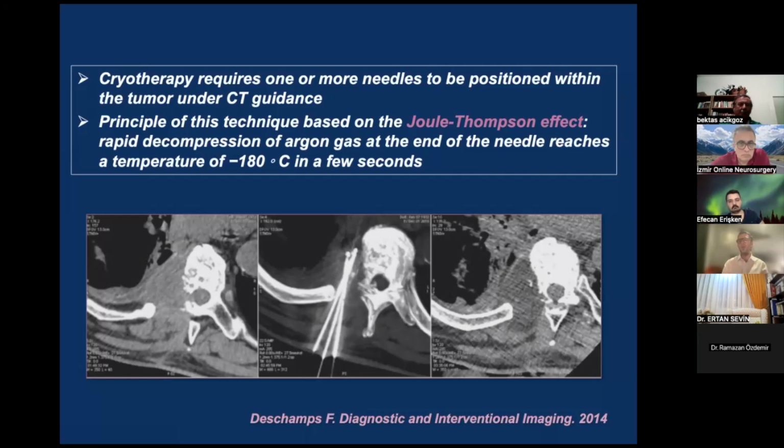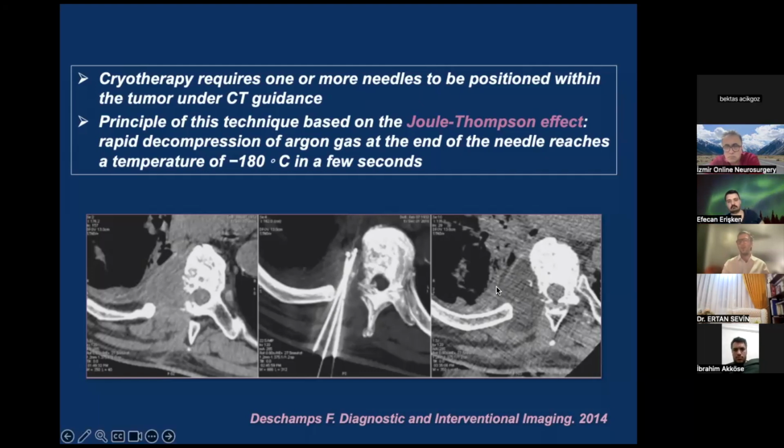So you can monitor the size of your ablation during the ablative procedure using the CT guidance. You see this hypo-intense oval shape image, which corresponds to the ice ball generated by the cryoablation.